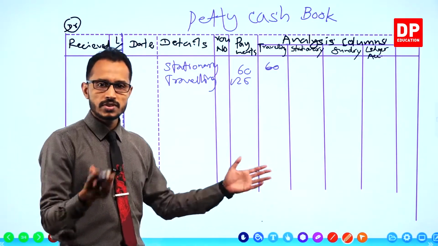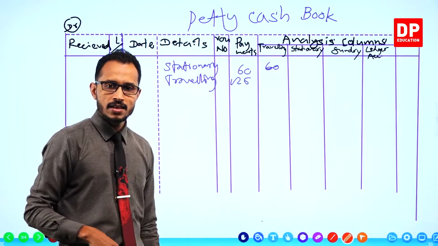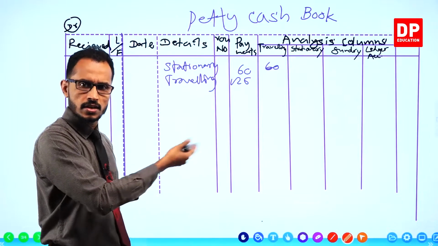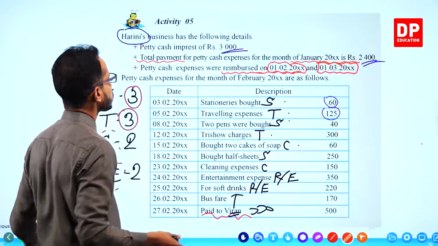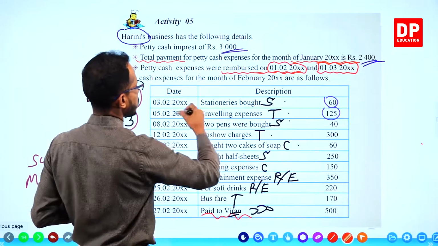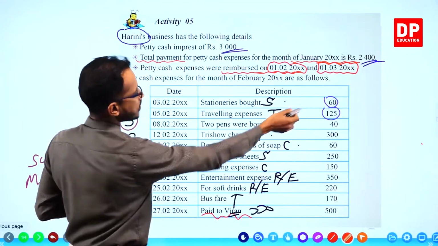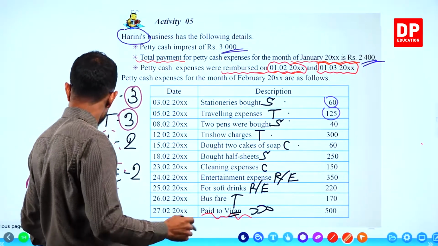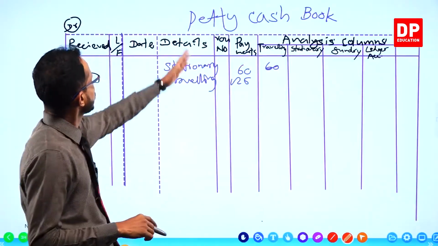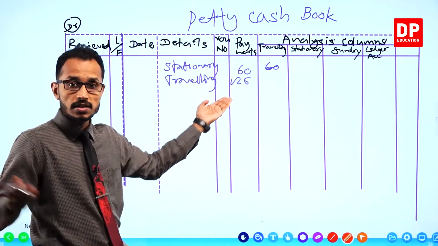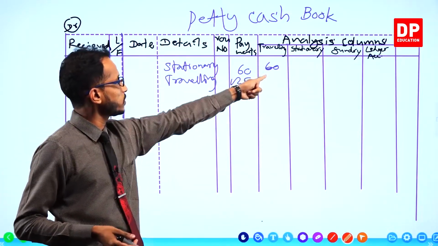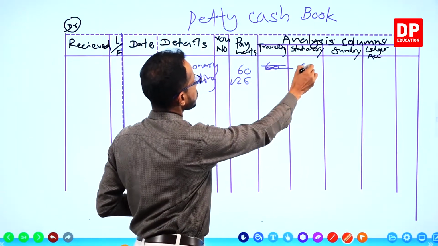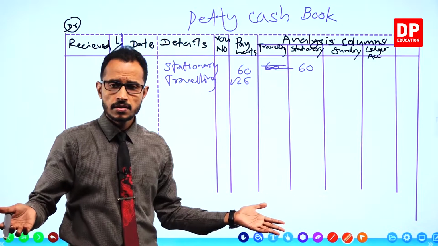Yeah, this is how we do it, right? We take the payments, stationery 60 and traveling expenses 125, and we record the expense items in the details column, and we put them to the payments column and to the relevant analysis column, right?